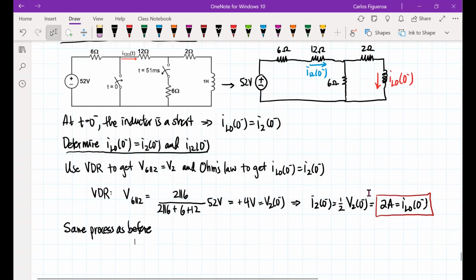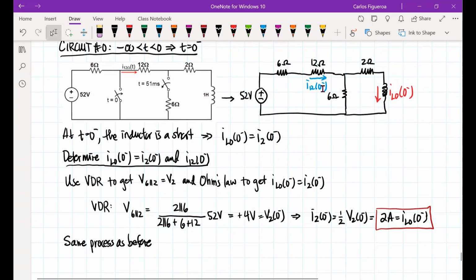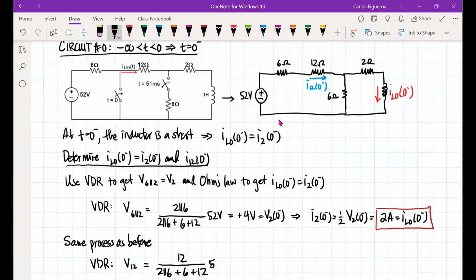Note that this is again a series circuit, so I'm going to focus on VDR, and I want the voltage across the 12 ohm resistor. Using voltage divider rule, I have 2 parallel to 6 plus 6 plus 12, but now it's into 12.